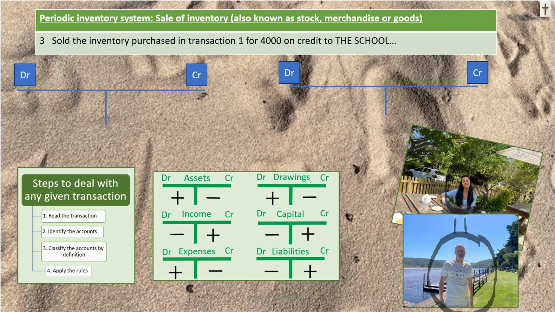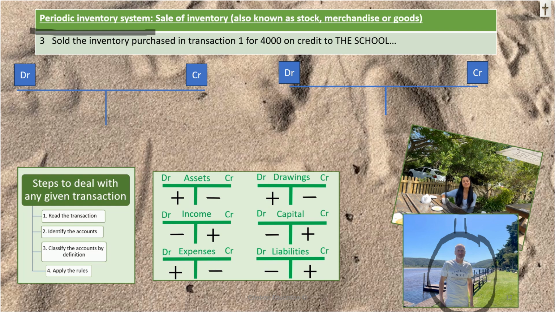But we need to carry on, and I'm now going to show you how to record a sale using the periodic inventory system. This is much easier because cost of sales is not calculated at the point of sale.